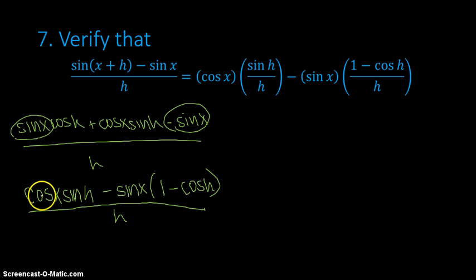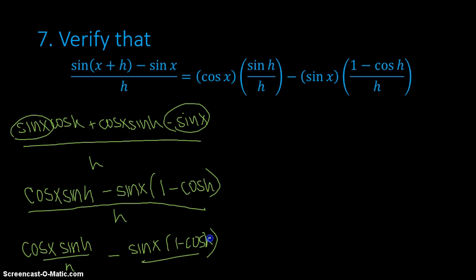From there, if I split this numerator, I'm going to have cosine x sine h over h minus sine x times 1 minus cosine h over h, which would be the same thing if I want to just bring the cosine x out front so that I can keep my h's together, sine h over h.